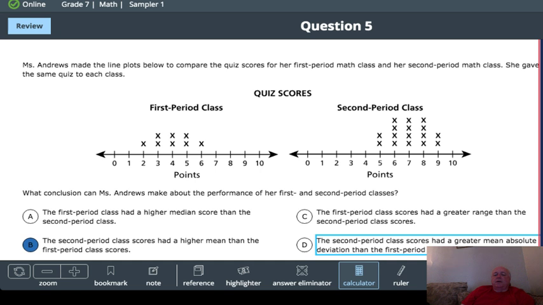And then D says the second period class scores have a greater mean absolute deviation than the first period class scores. So mean absolute deviation doesn't come up very often. In fact, it hardly comes up at all. What it means is taking the mean.